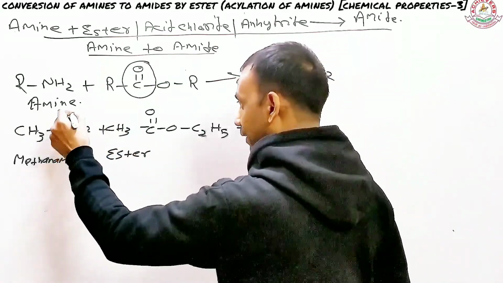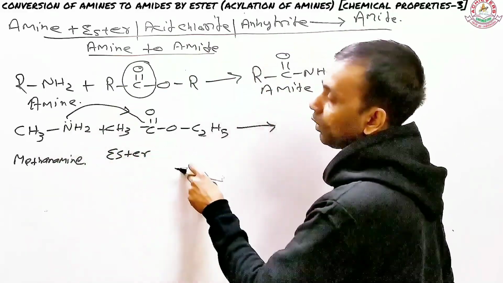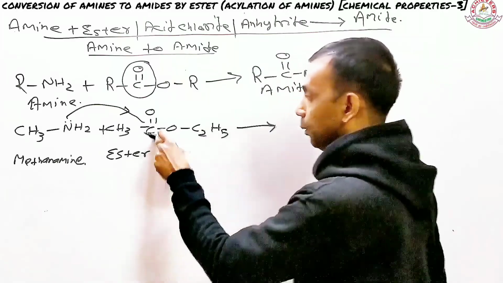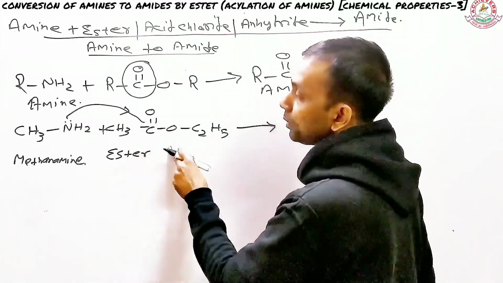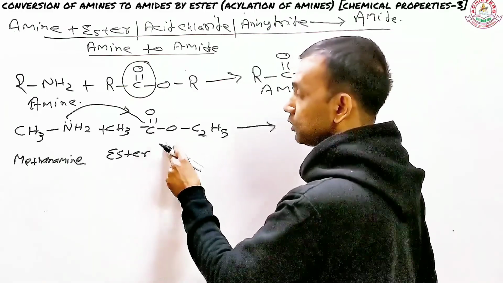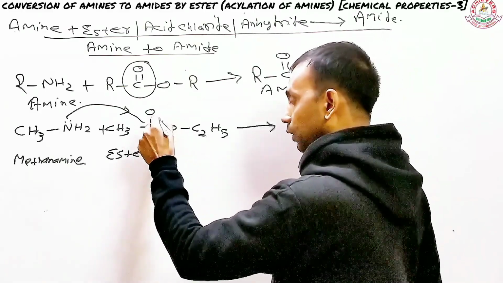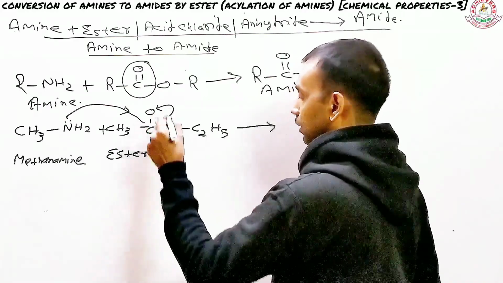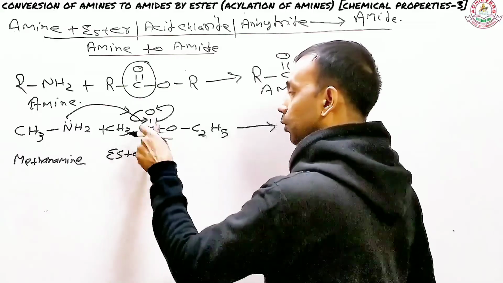So the nitrogen will come to rescue the deficiency of the carbon. But for doing so, the carbon must break one of the bonds around it. There is a sigma bond and a pi bond. So the pi bond will go towards the oxygen, but the oxygen will result in back bonding, so the double bond will be restored.